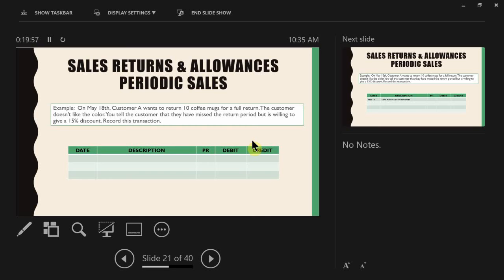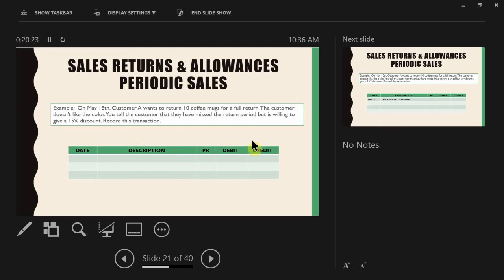So when a customer comes in and they complain, you kind of want to keep their business. So you're going to try to do everything you can to keep them satisfied, okay? Even if they are not a really nice customer, they're trying to buy your product, so you want to keep it sold.